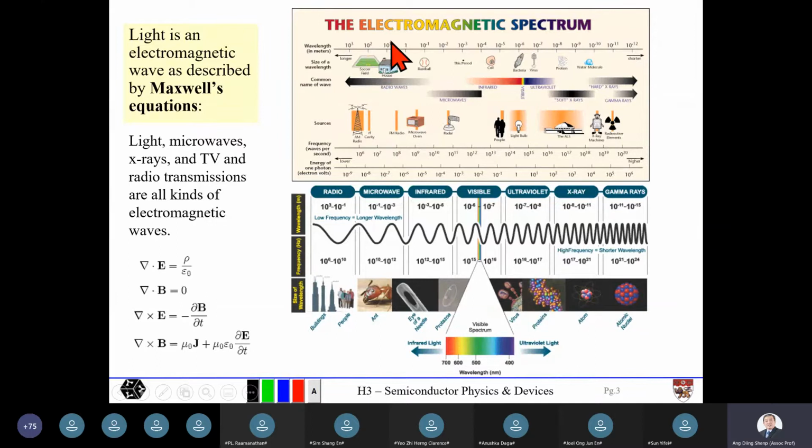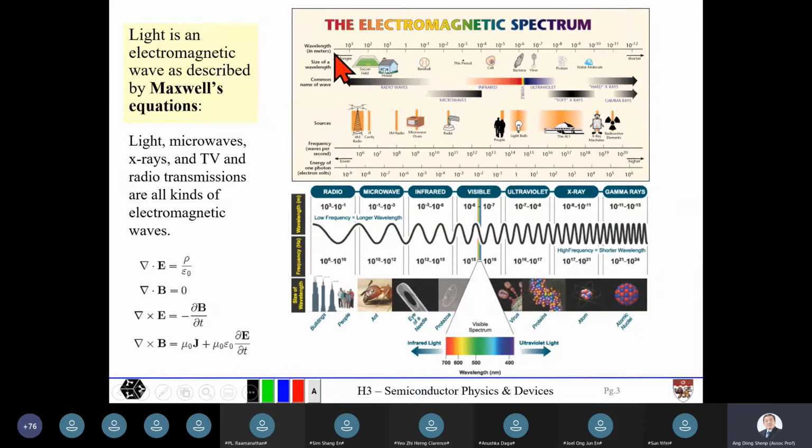So it's a very broad range of wavelengths, and the objects that you see here typically are meant to give you an idea of how long certain wavelengths are and how short certain wavelengths can be.